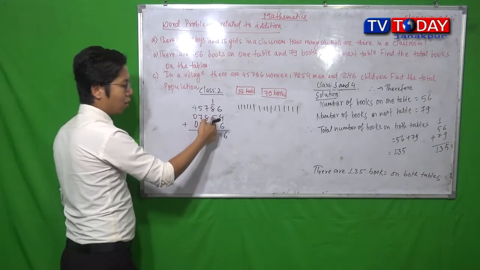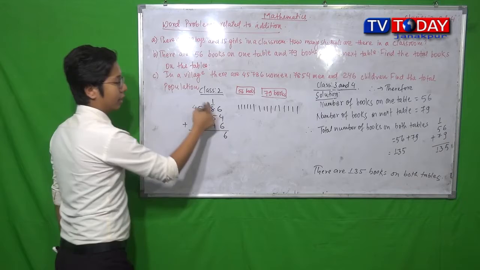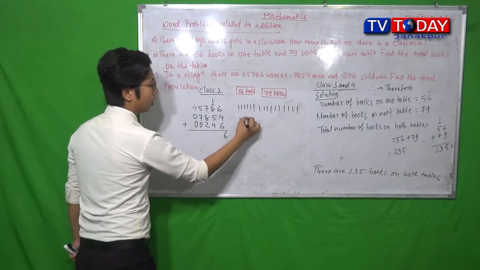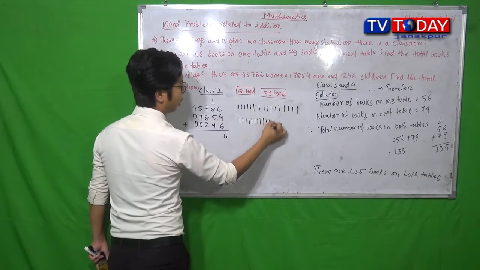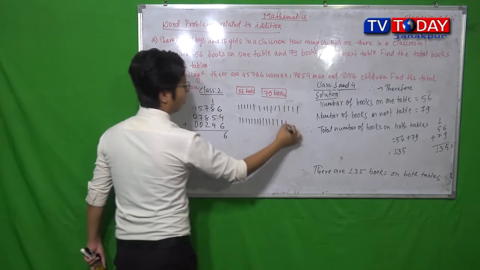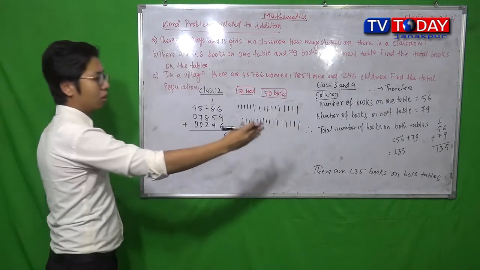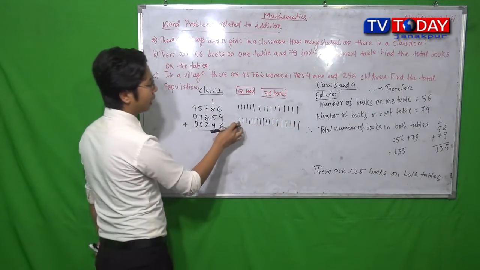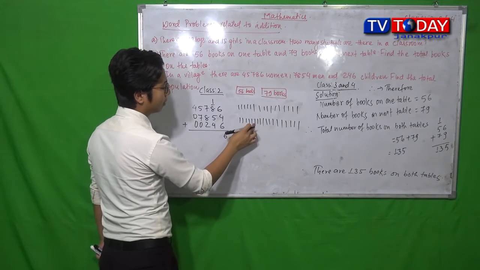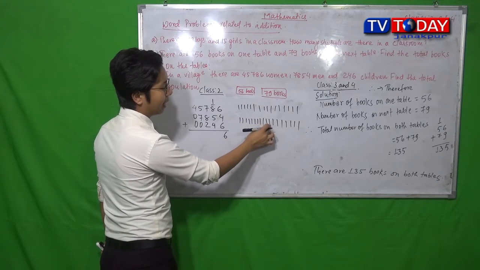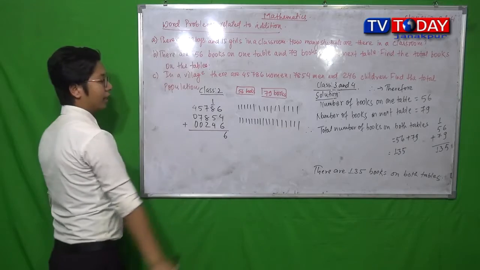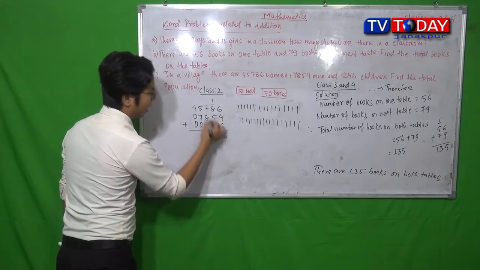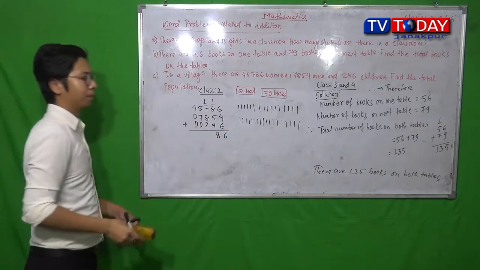Now you have to add all these four numbers. Here is 8 sticks, here is 5, here is 4. Now count all of the sticks. How much will you get? 18. So in 18 you have to write 8 here and carry over 1.